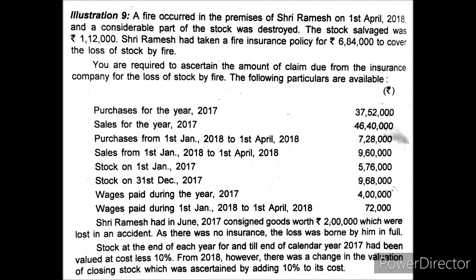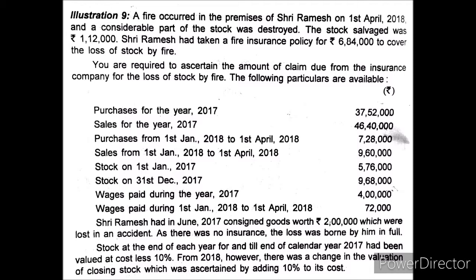Now the last paragraph says that stock at the end of each year until the end of calendar year 2017 had been valued at cost less 10%. That means whatever the cost was, it was valued 10% less. From 2018, however, there was a change in the valuation of closing stock, which was ascertained by adding 10% to its cost.